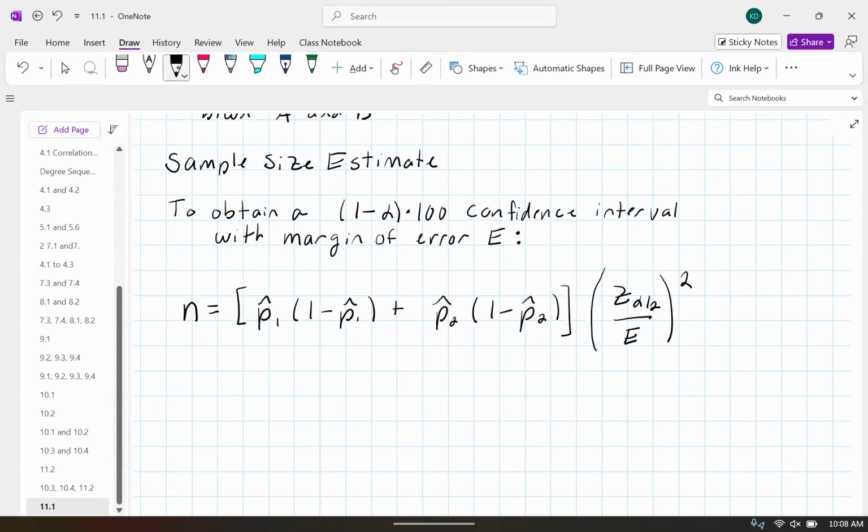So all I'm doing here is taking the equation we had above and solving it for our N instead of our confidence interval.